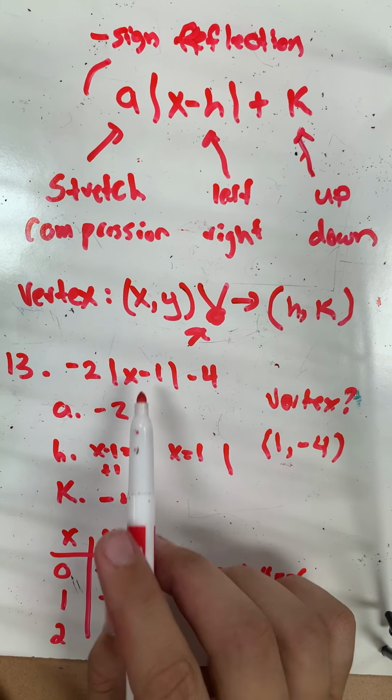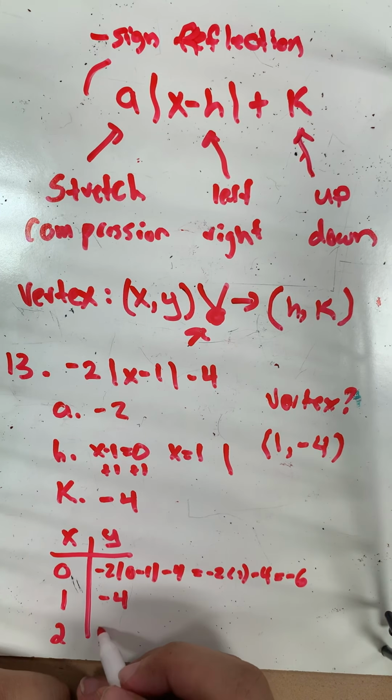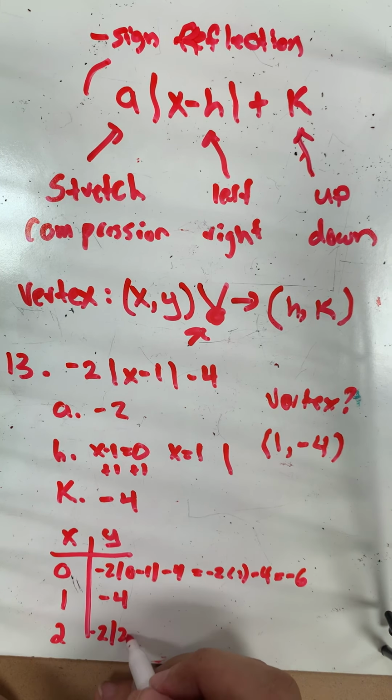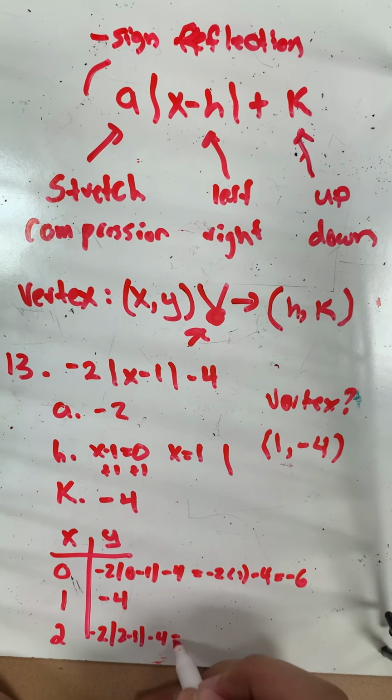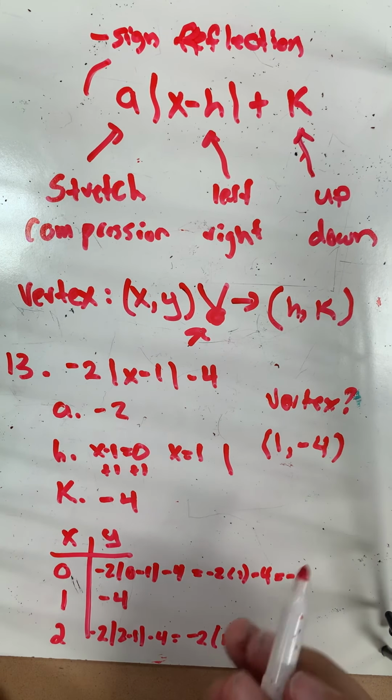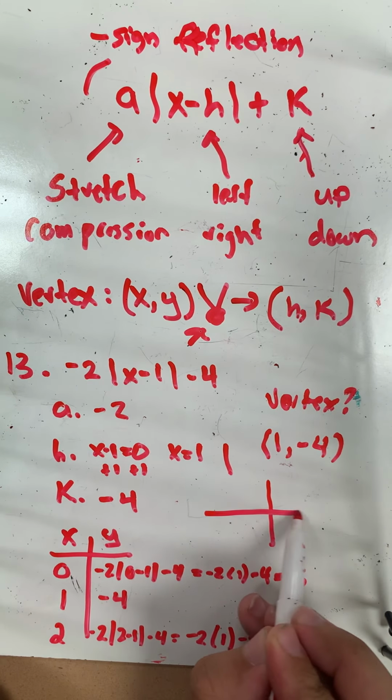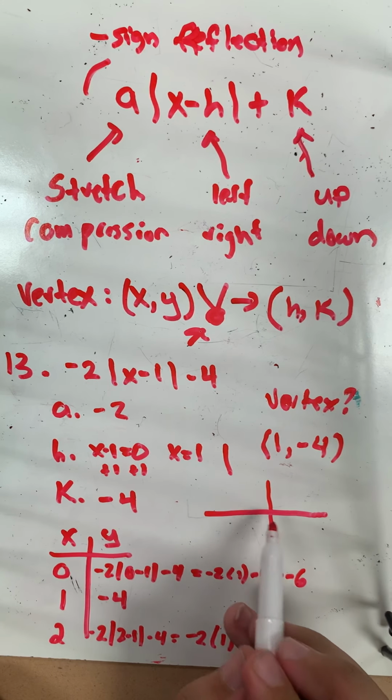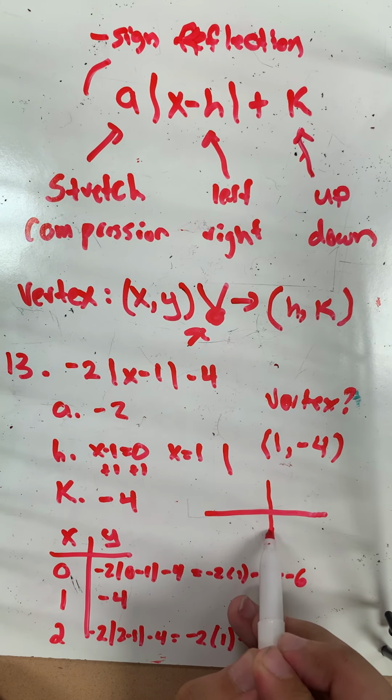If I plug 2 in, I'm going to get -2 times the absolute value of 2 minus 1 minus 4, which is equal to -2 times the absolute value of 1, minus 4. So then we'll get -2 minus 4, which again is -6. So now that I have all my points, if I come in here and graph, at 0, I have -6.